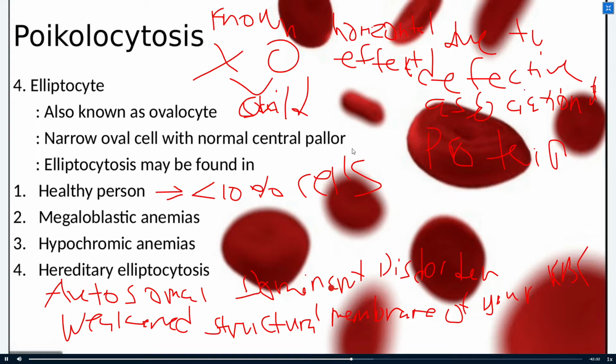Autosomal dominant disorder, wherein even if one parent has it, it can still manifest in their child. It is characterized by weakened structural membrane of your RBC due to defective association of protein known as the horizontal effect. Any more questions? Question ba, class? If none, I'll proceed to the next slide.